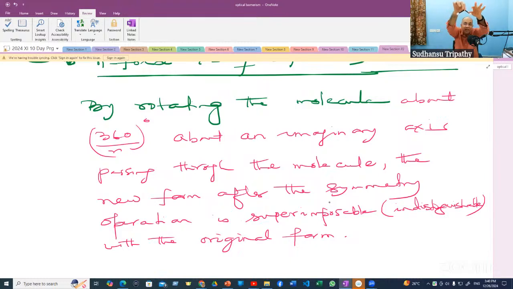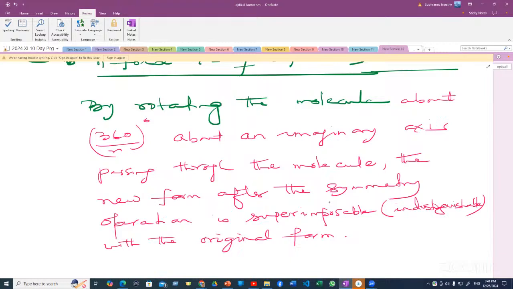Tell me how many degrees I will rotate, minimum degrees, so that when you come back from your restroom, you will find that nothing has happened. Sir has done nothing to the molecule. It is exactly indistinguishable. Tell me how many degrees I will rotate.